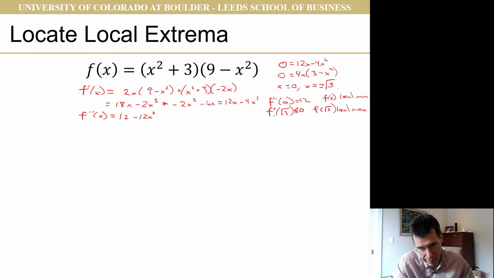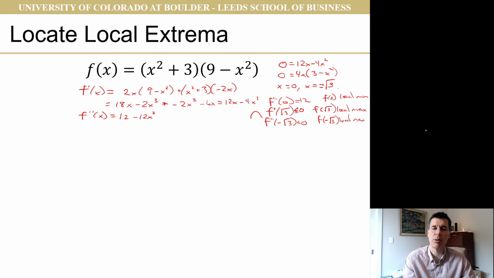Because less than 0 looks like this. And we put in negative square root of 3, again, that's going to be negative, so f double prime of negative square root of 3 is less than 0, so f of negative square root of 3 is a local max.